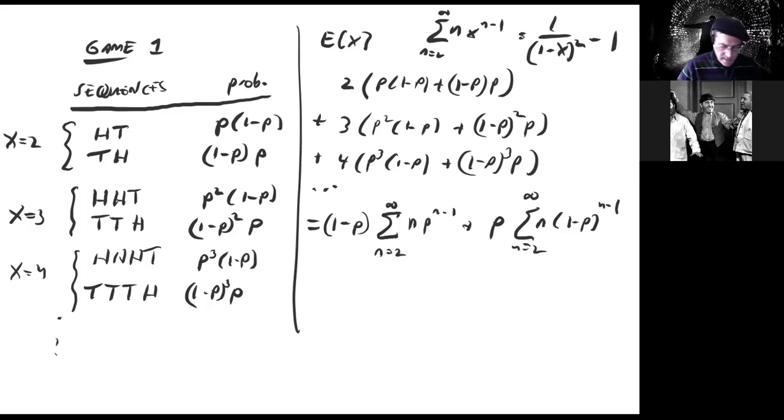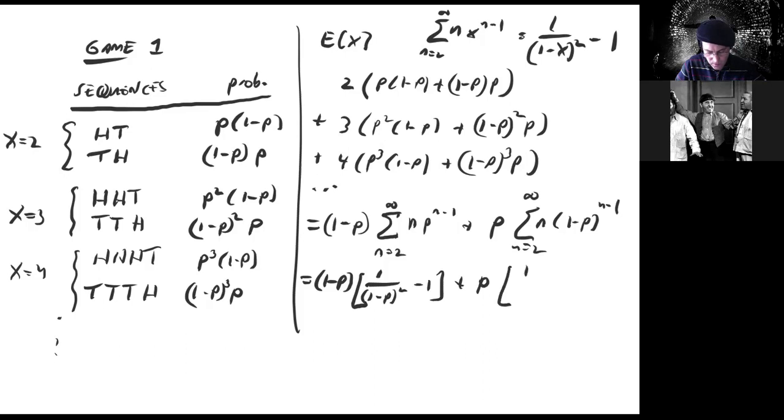So if we do that and we take x equals p, we're going to get 1 minus p times 1 over 1 minus p, quantity squared, minus 1. So that's from the first term. And then from the second term, we're going to get p times 1 over, so 1 minus the quantity 1 minus p is p, so it's p squared, minus 1.